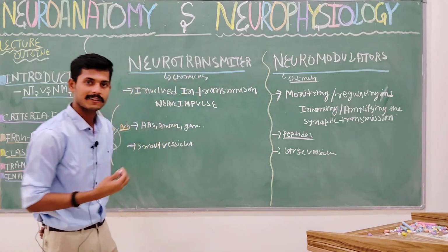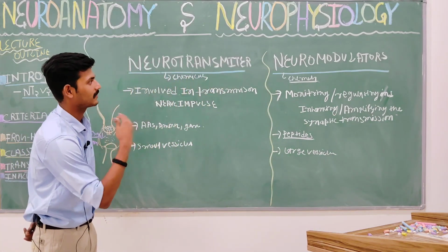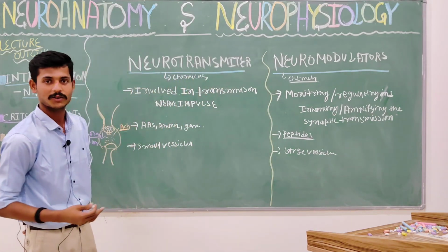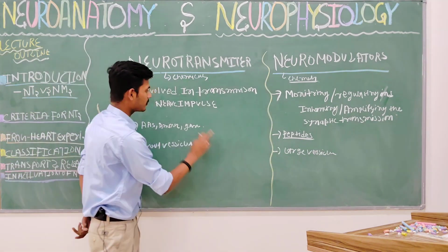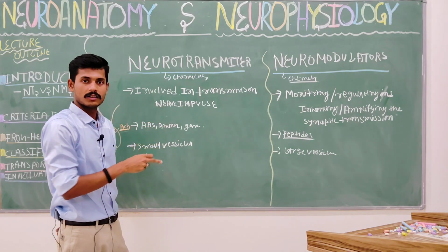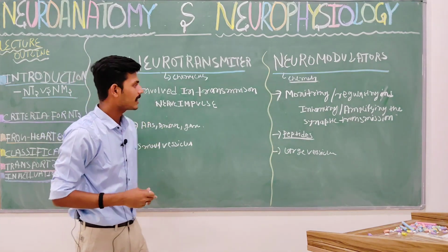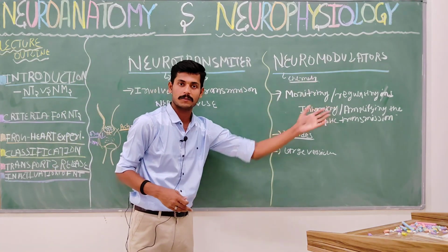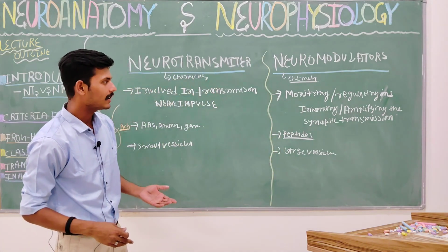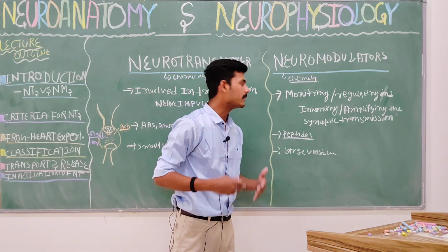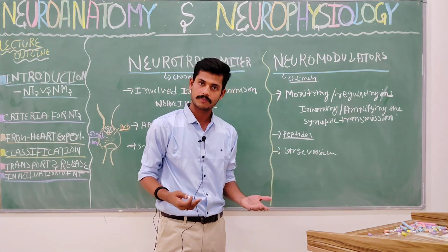See how many differences there are, and we are referring to these as interchangeable? No, they are not interchangeable. The fundamental difference, you can forget about these other differences, but remember that neurotransmitters are involved in the nerve transmission, whereas neuromodulators are not involved directly in the nerve transmission. Rather, they are monitoring, regulating, or enhancing, or we can say amplifying the synaptic transmission.